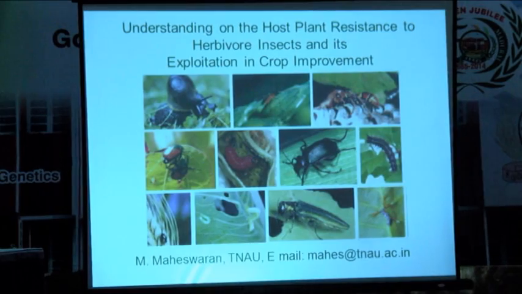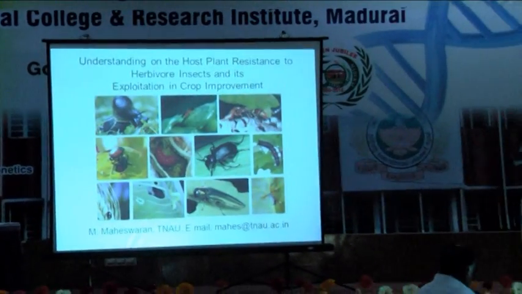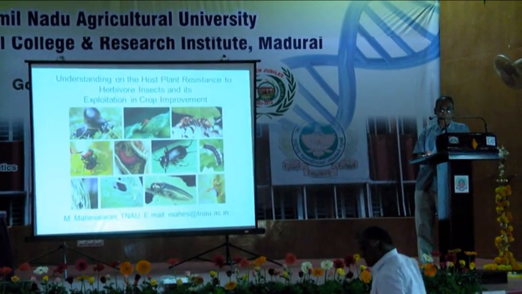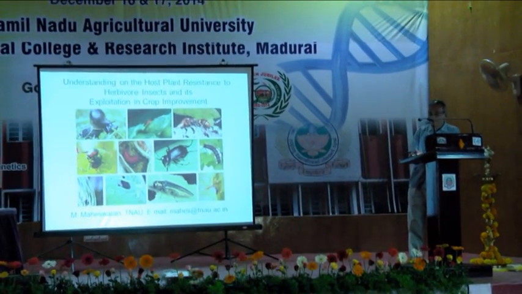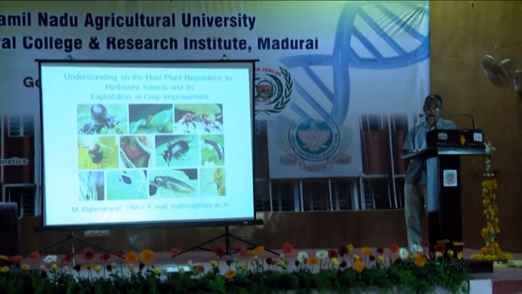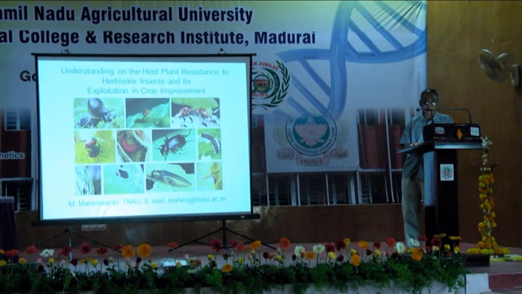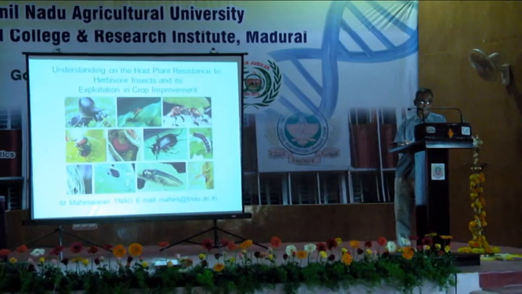Here also we are going to see some of the aspects related to the utility of molecular markers with reference to resistance to insect pests in plants. Dr. Sivasamy was telling about the easy usage of molecular markers in deploying genes for resistance to rust. We have problems with insect pests.